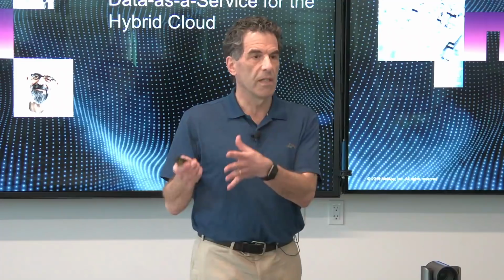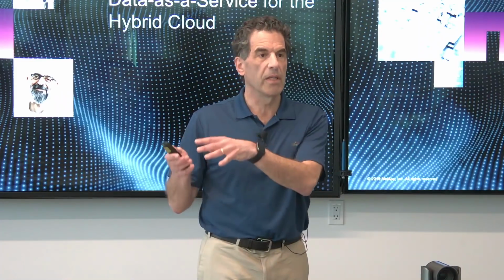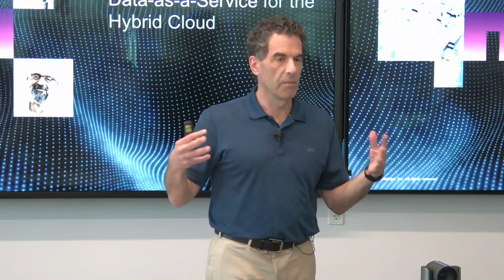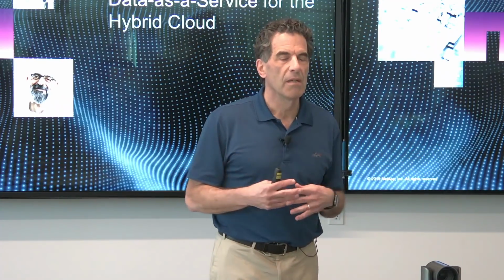So the solution can effectively attach to any ONTAP system located anywhere and do a SnapMirror extract of the data from it? Yes, is the answer to your question. Because it resides in the cloud, you simply point at it, and as long as the ONTAP system is compliant, and we'll get into what that means, with credentials and all that.